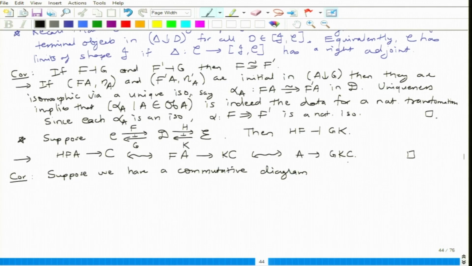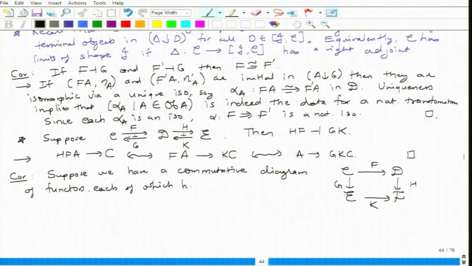Here there are four categories: C, D, E, and F. And we have got functors, let's call them F, G, H, K, each of which has a right adjoint.